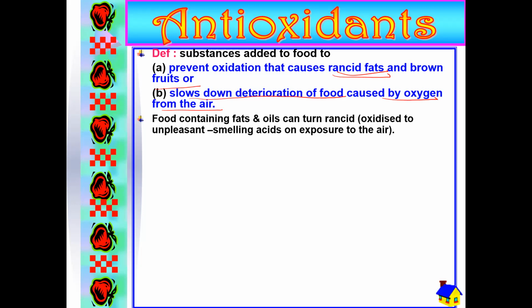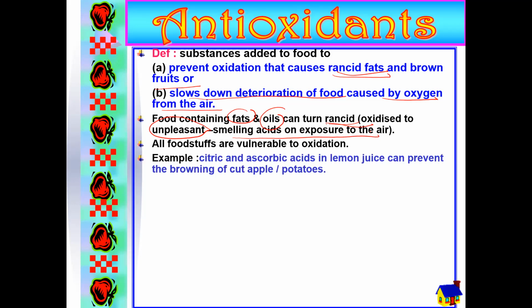So food that has fat and oil can turn rancid. Rancid means it has been oxidized and becomes very smelly, because you're releasing acid into the air. So when you add antioxidants, they can stop the oxidation from happening. That's why when you cut apples and potatoes, you always put salt, right?